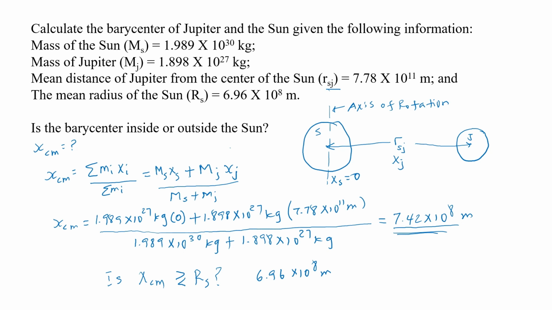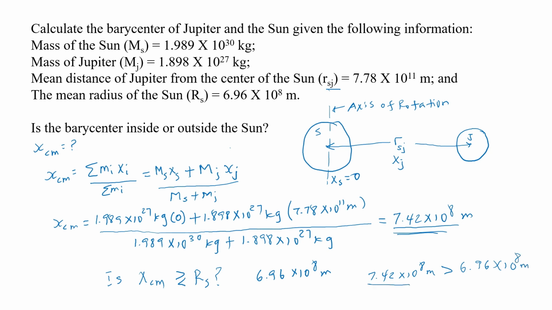What does that mean? Now, this is R sub S. So, we know that 7.42 times 10 to the 8 meters is greater than 6.96 times 10 to the 8 meters. And what does that mean?